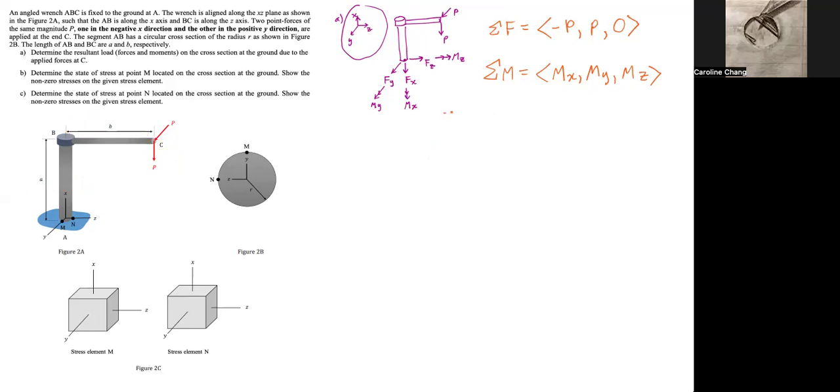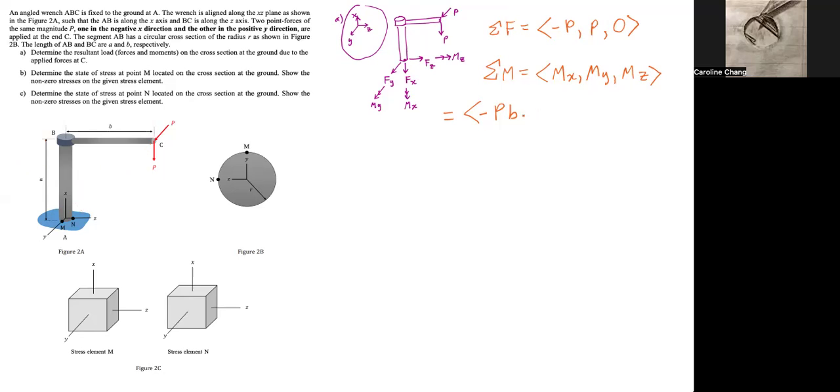Thus the moment Mx is going to be negative Pb, because this P will cause a moment by the right-hand rule pointing down. So it'll be negative Pb.